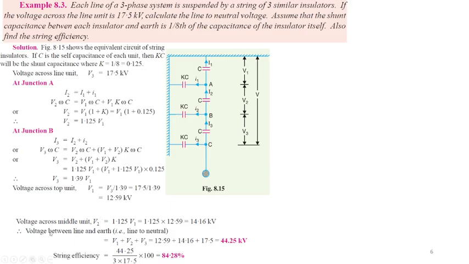The total voltage between line and earth is equal to V1 plus V2 plus V3. Then we can replace in the string efficiency equation and find the value. Finally the string efficiency is found to be 84.28%, indicating a relatively improved voltage distribution along the insulator string in this case.